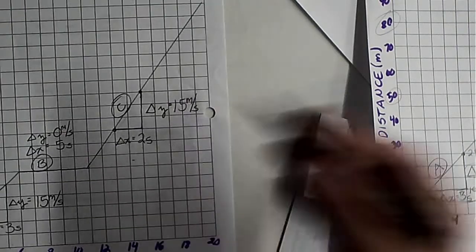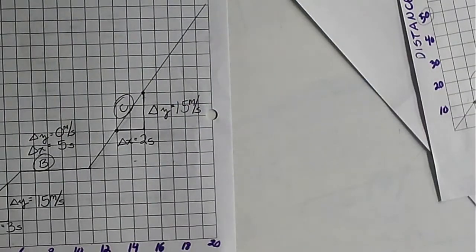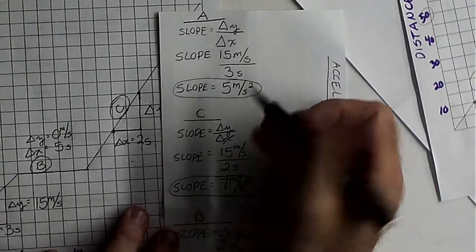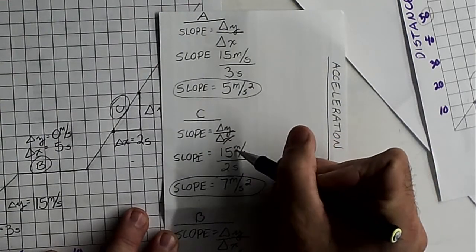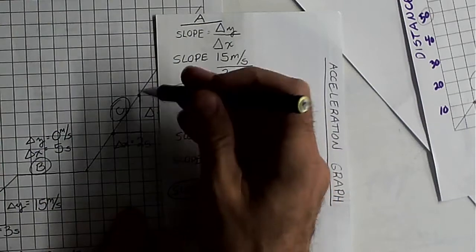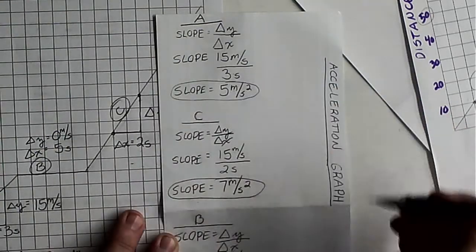And then again, C, it's the same thing. Change of y over change of x, 15, and you can just trust me on these numbers.